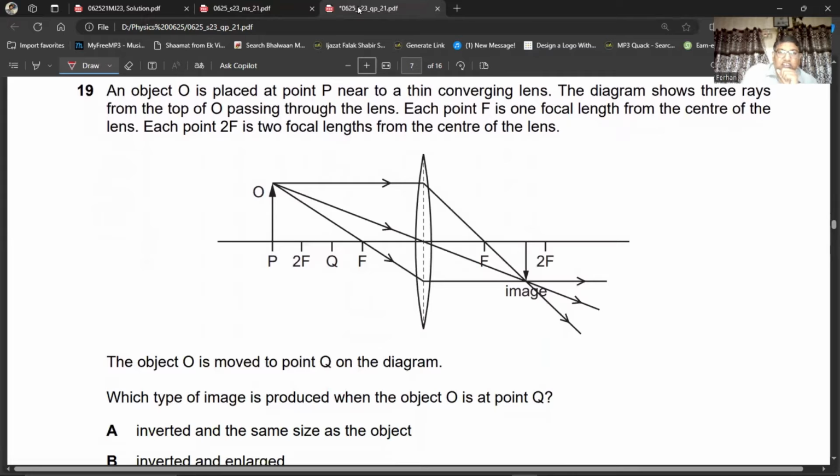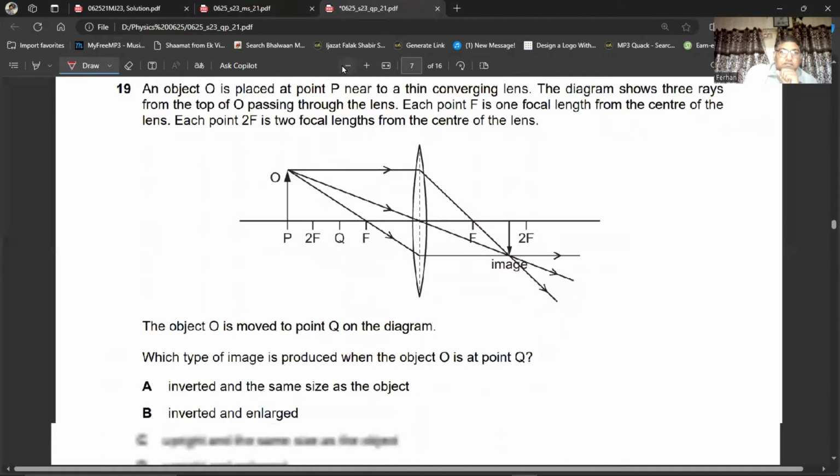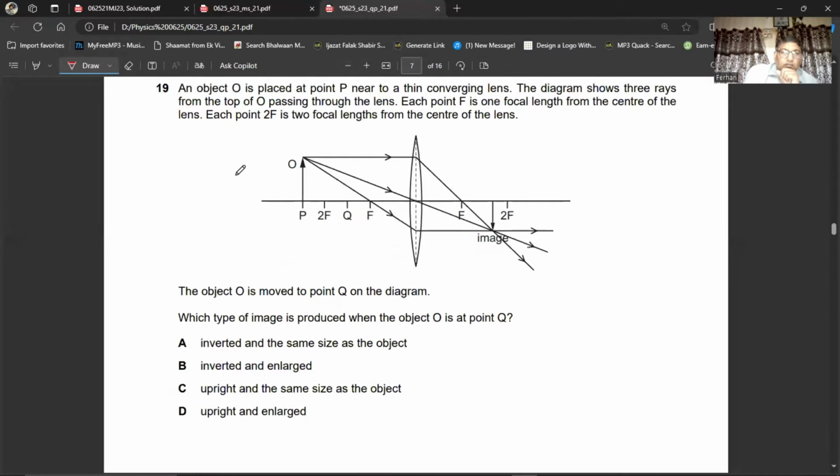Question number 19. He says, okay, an object O is placed at the point P near to a thin converging lens. The diagram shows 3 rays from the top of the O passing through the lens.